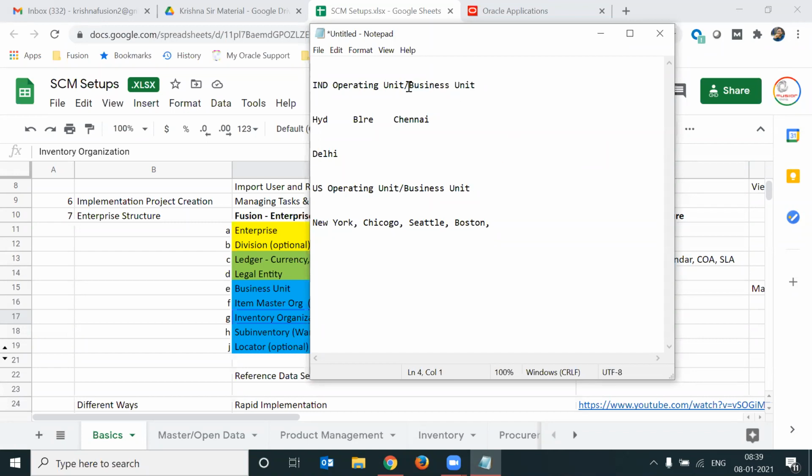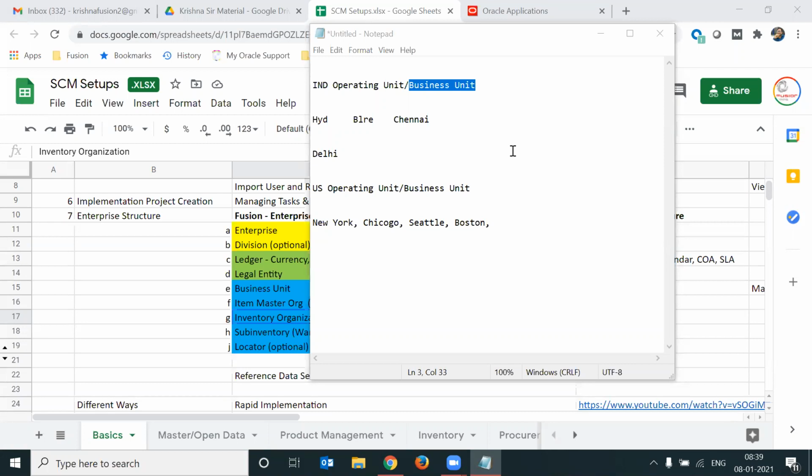And we make the payment to the supplier from business unit level, and also we receive the payment from the customer at the business unit level. So sales, purchases, payments, receipts are maintained at business unit level. So this is a critical explanation of the business unit and inventory organization.